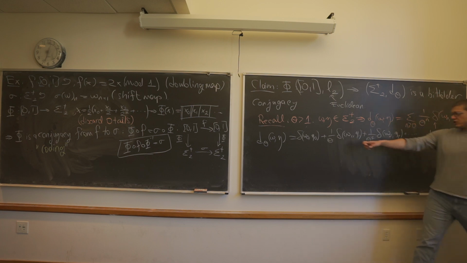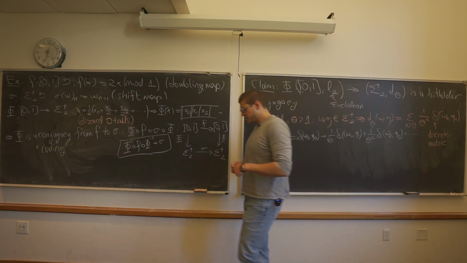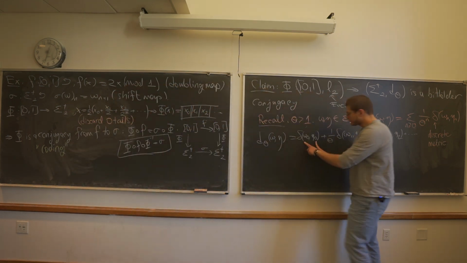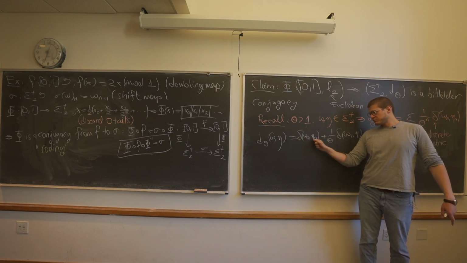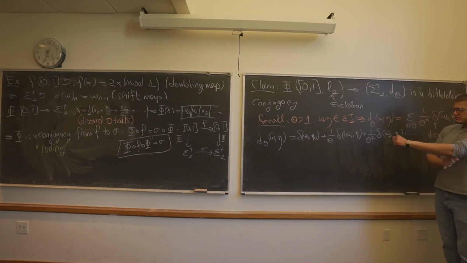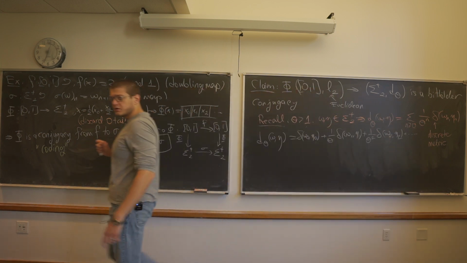And here, this delta of two things is the discrete metric, which means that, for instance, this value is 1 if these two symbols are different, and it is 0 otherwise. Okay? Any questions about these so far?